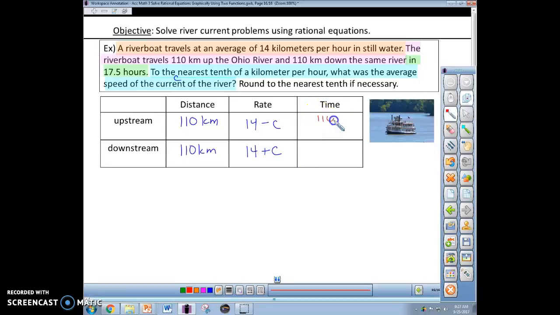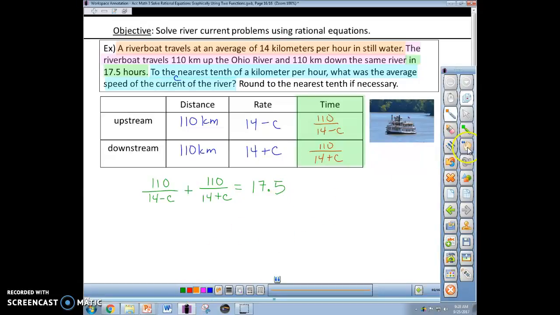So this gives us 110 divided by 14 minus C, and 110 divided by 14 plus C. So our time column, along with the total time of 17.5 hours, gives us our equation. So we have the upstream time of 110 divided by 14 minus C, plus the downstream time of 110 divided by 14 plus C, equals the total time the riverboat's in motion of 17.5 hours.